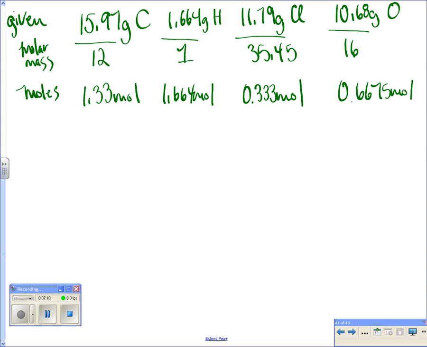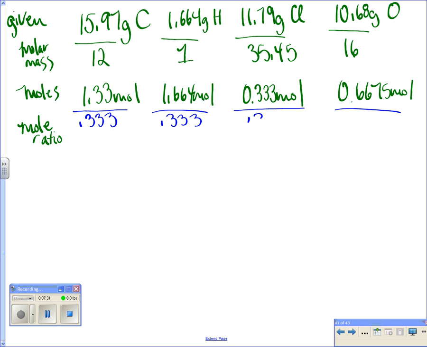So my next step is to figure out that mole ratio. I want my mole ratio, so you divide by the smallest. So I decide who is the smallest of all of these. Well, my chlorine moles are the smallest. So I'm going to divide by the smallest to get one of them to be a 1. It's always picking that smallest one and dividing everybody by it.